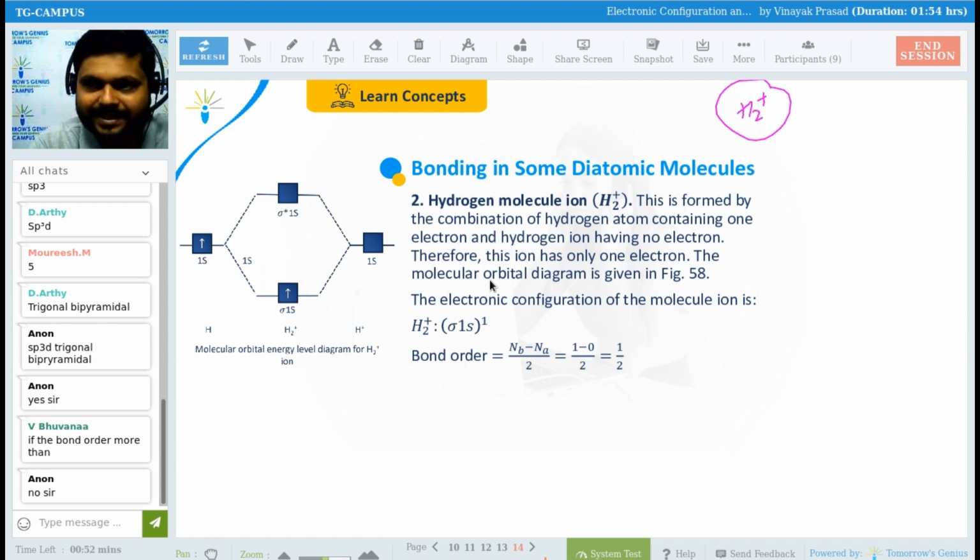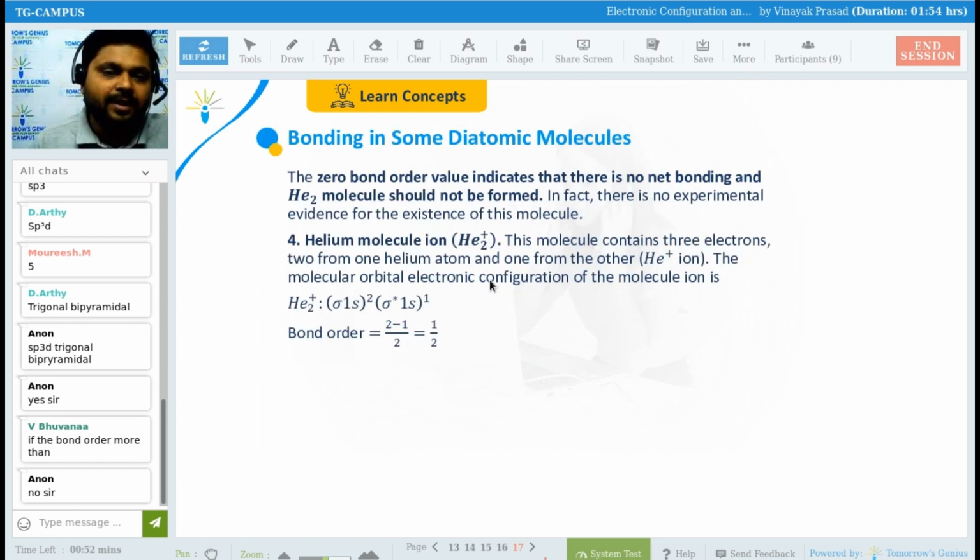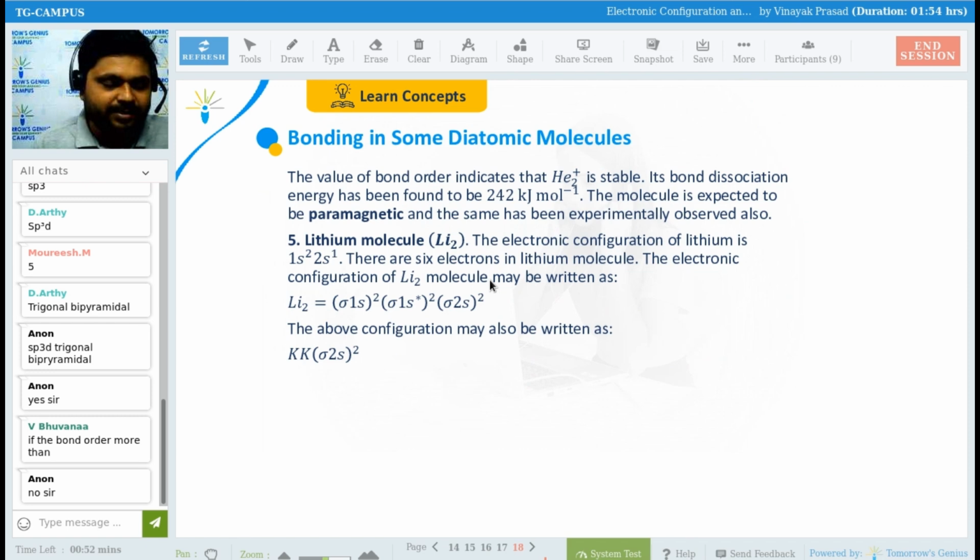So how will we write it? See, how to write the molecular orbital configuration? How are we writing? Sigma 1s. In the last class I made you write how we can write the electronic configuration of some elements.